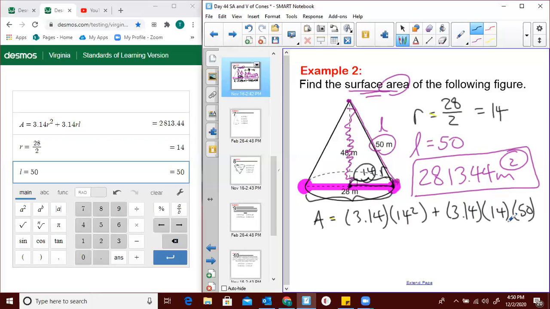And I'll do this on a calculator. So on one side, I'm going to get 615.44. And on the other side, I get 2,198. And I can assure you that when you add these together, you will get 2,813.44 meters squared.